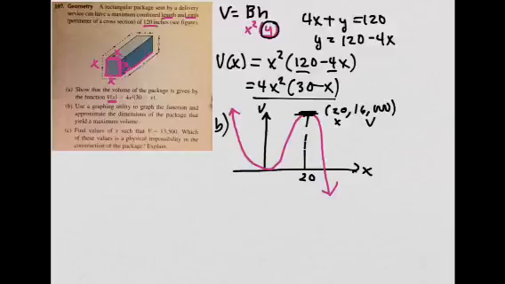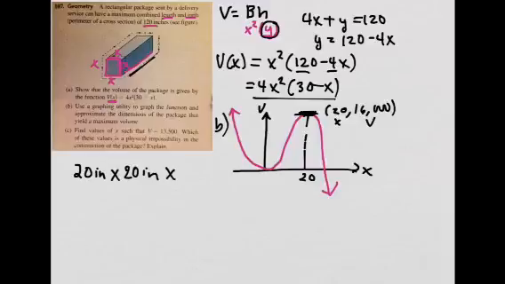So they actually want the dimensions for this volume. So it would be a 20 inch by 20 inch by, and we need to calculate for y what that would be, right? Remember, y is 120 minus 4x.